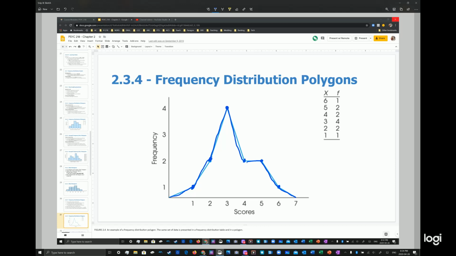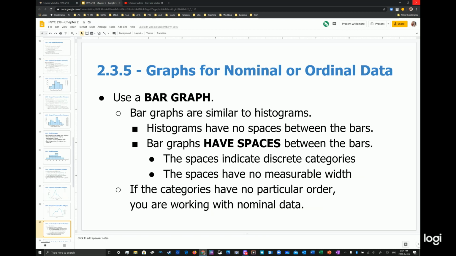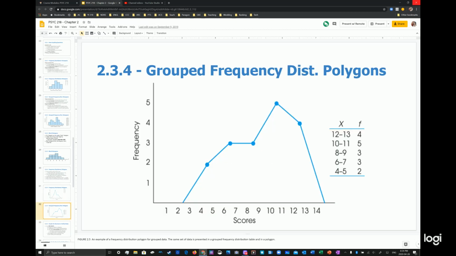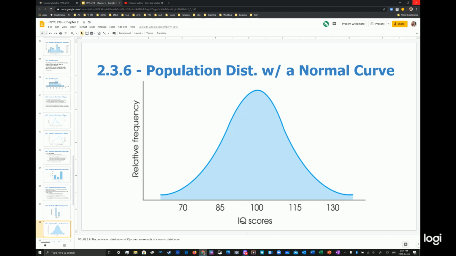And as you work with these frequency distribution polygons, and you can do the same with group frequency distribution polygons as well, you would start seeing, and I'll skip a few slides here, curves like this. This itself is also a frequency distribution polygon.